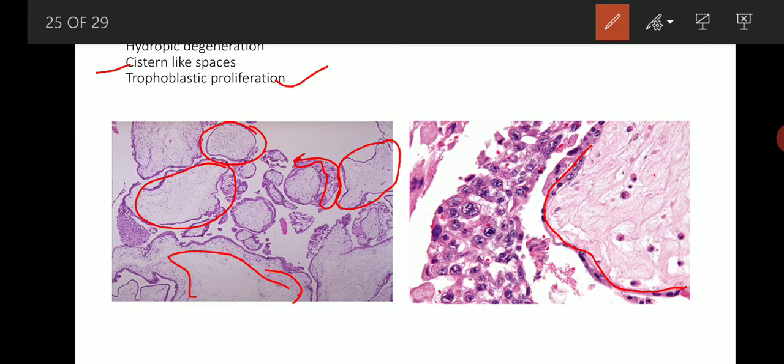But these chorionic villi do not contain any blood vessels, so they are known as avascular hydropic degeneration of the chorionic villi. As you see, there is a lot of cells which are proliferating around the chorionic villi. These are the intermediate type of trophoblast. There are three types of trophoblasts: the cytotrophoblast, in situ trophoblast, and intermediate.